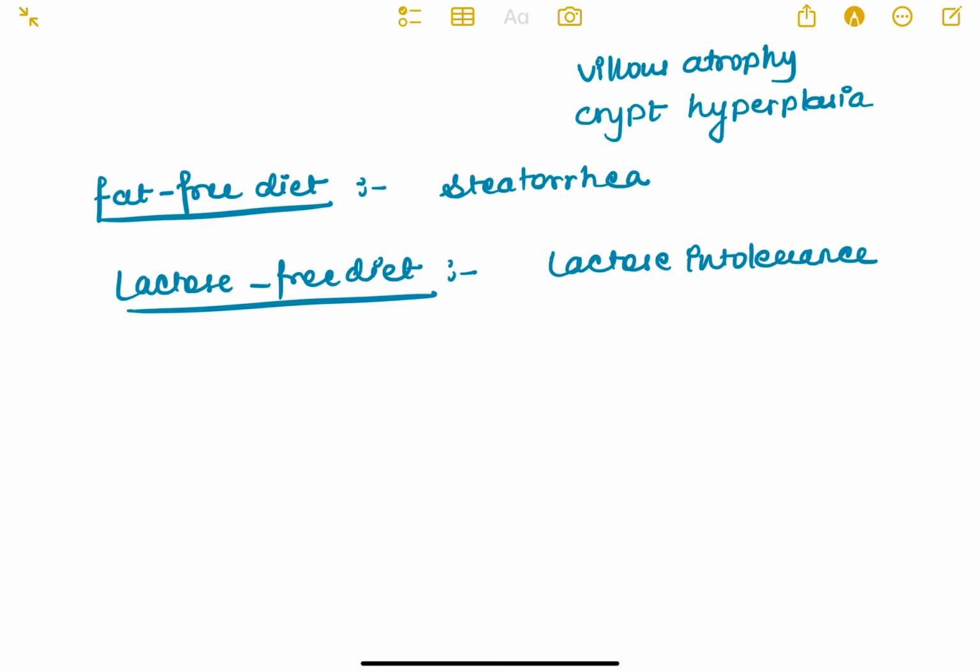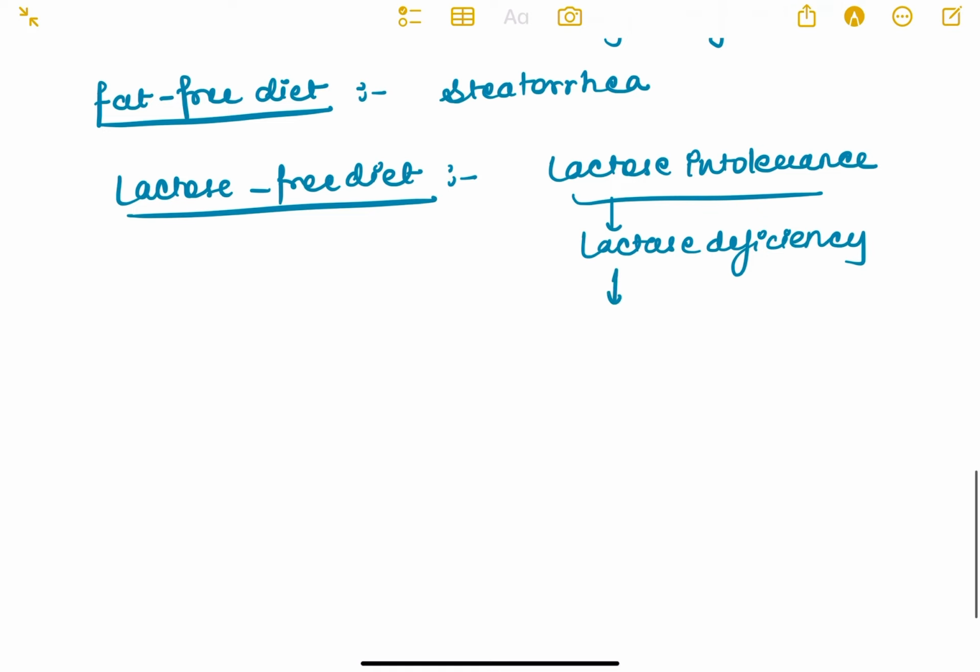How will we know that there is lactose intolerance? Lactose intolerance is due to lactase deficiency, due to which the patient will present with diarrhea, abdominal pain, and bloating.